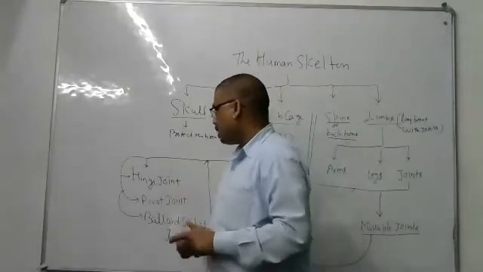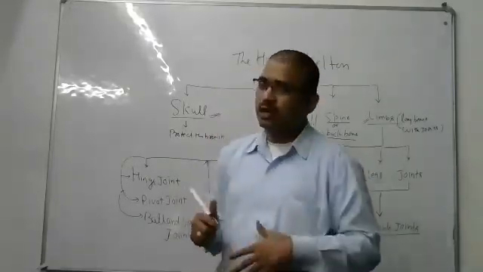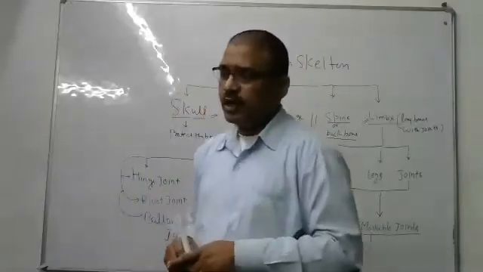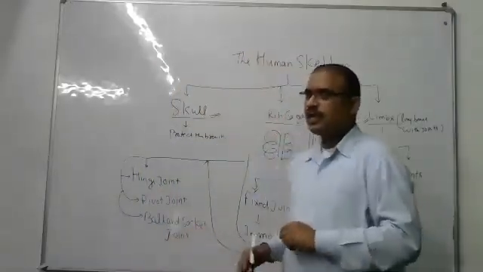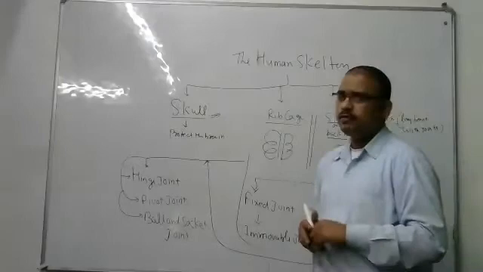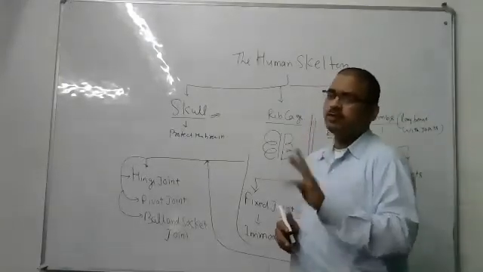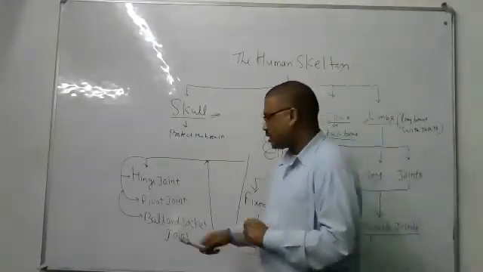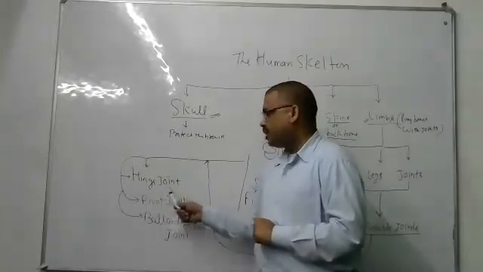Now, when we talk about the different movable joints present in our body, there are a number of joints, but here we only talk about three. What are these three joints? Number one, hinge joints.